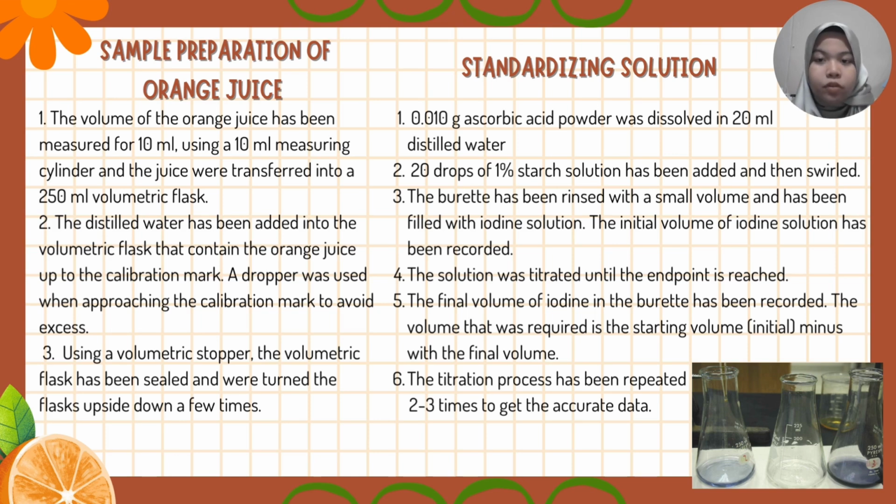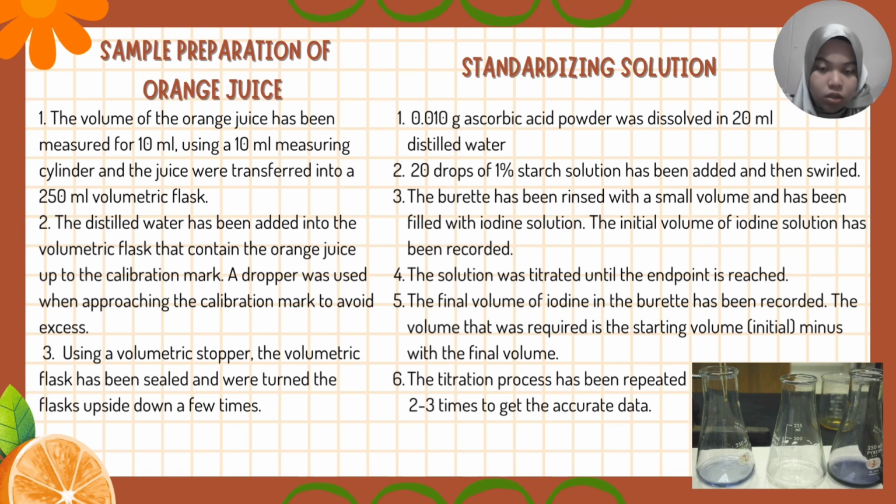So firstly, the volume of the orange juice has been measured for 10 ml using a 10 ml measuring cylinder, and the juice was transferred into a 250 ml volumetric flask. And then distilled water has been added into the volumetric flask that contained the orange juice up to the calibration mark.